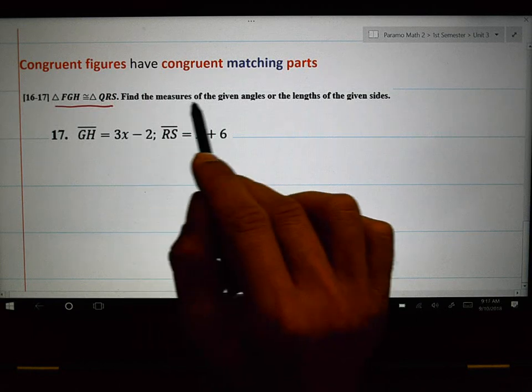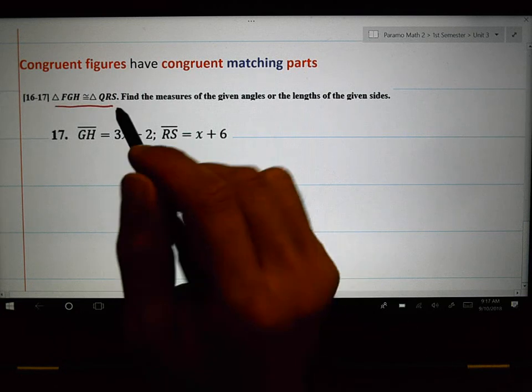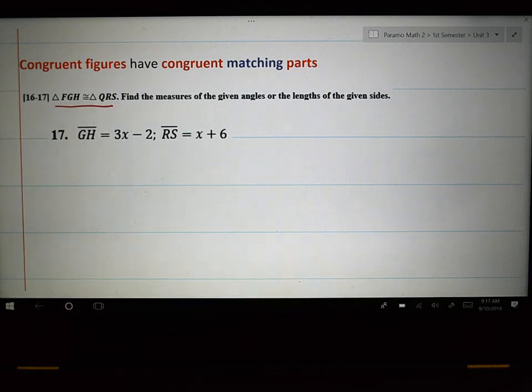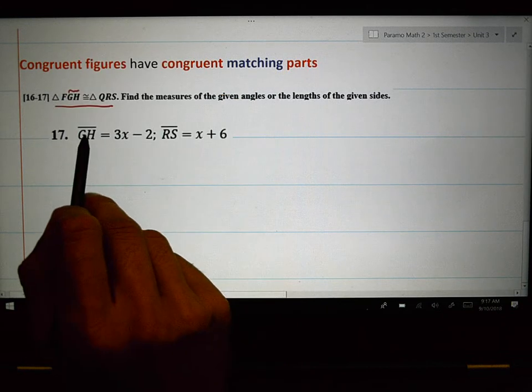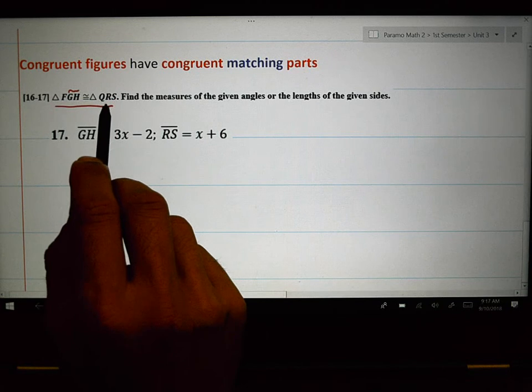Find the measures of the given angles or the lengths of the given sides. If this triangle is congruent to this triangle, then you should know that their parts are also congruent. So that tells me that GH should be congruent to which 2 letters in this congruency statement?